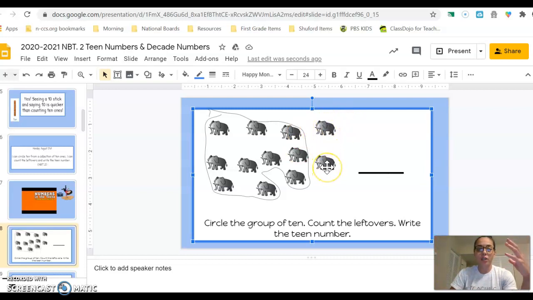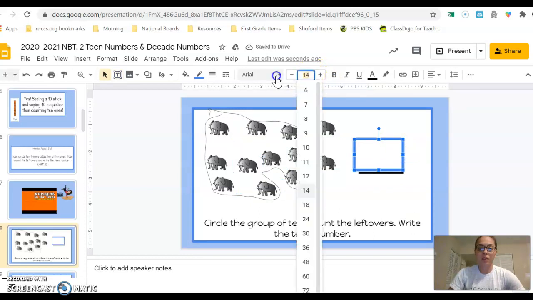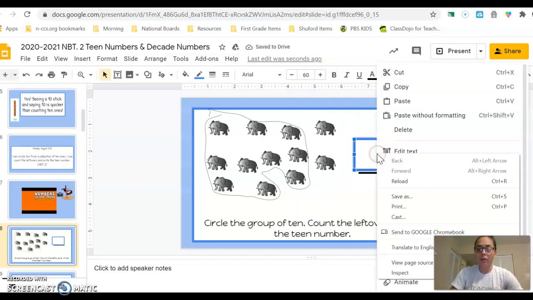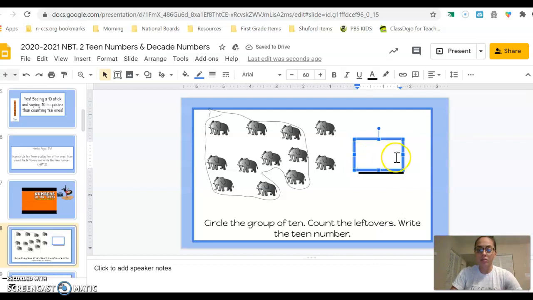1, 2. So if I have a group of 10 and 2 left over, I know that my teen number is 12. And we just talked about when we write a teen number, what number do we write first? 1.